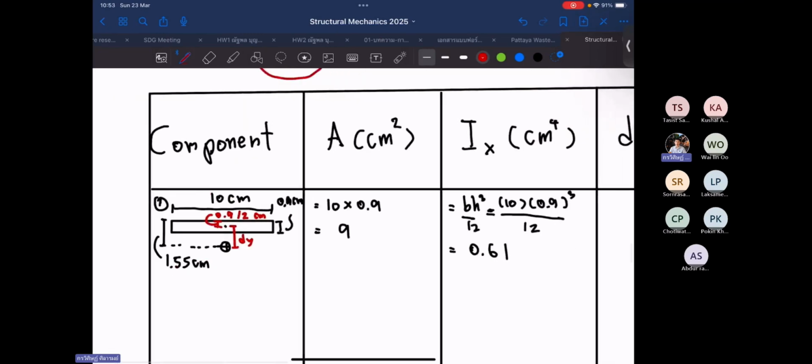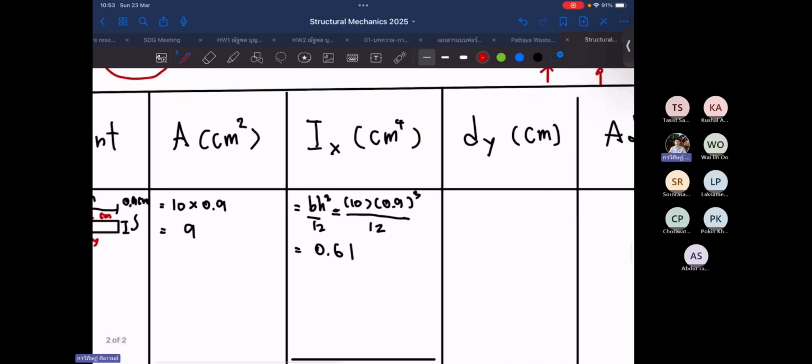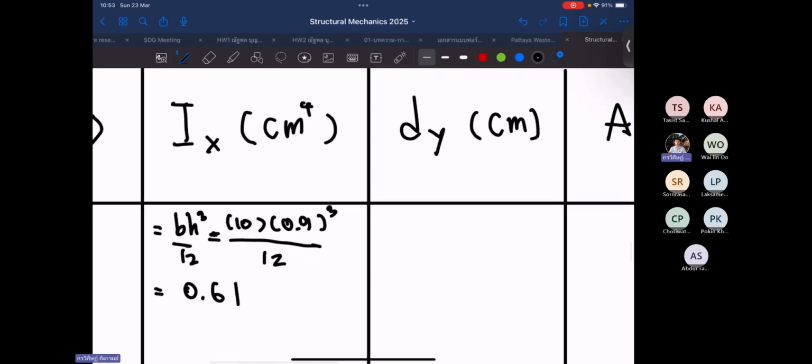I will write the full calculation here first: dy plus 0.9 divided by 2 must be equal to 1.55.